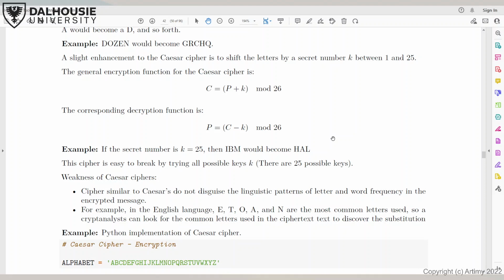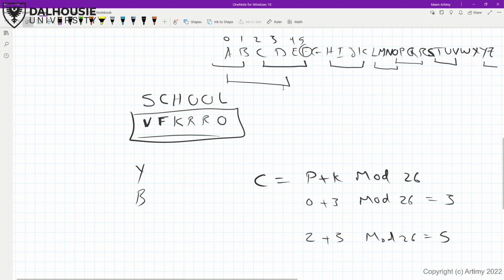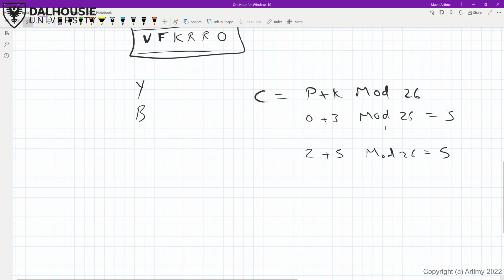We can use a Caesar algorithm with the key as 6. So now instead of replacing A with D, I can replace it with another letter. So let's say K equals 6 here. So C, which is the ciphertext, equal P plus K mod 26.